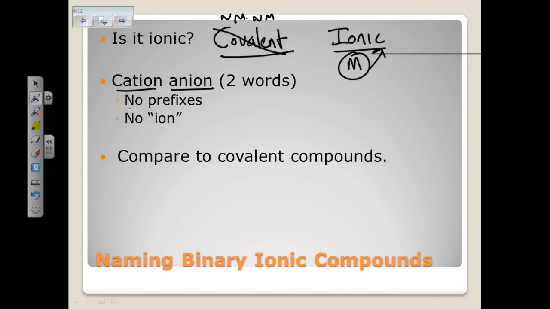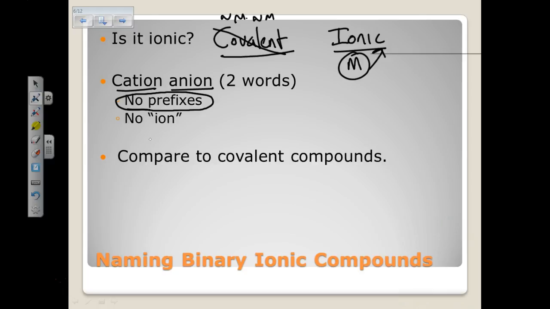And in this case, we're not going to use prefixes when we're doing the two ions. We're just going to say the name of the cation, and the name of the anion. It's going to be super straightforward. There's no tetra or hexa or whatever.